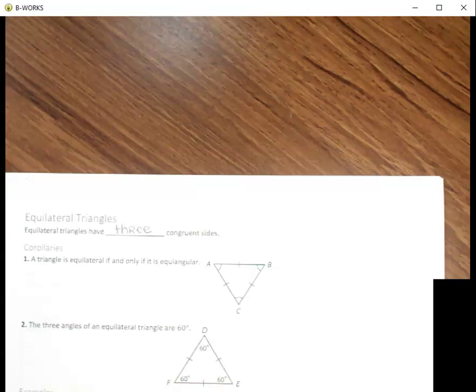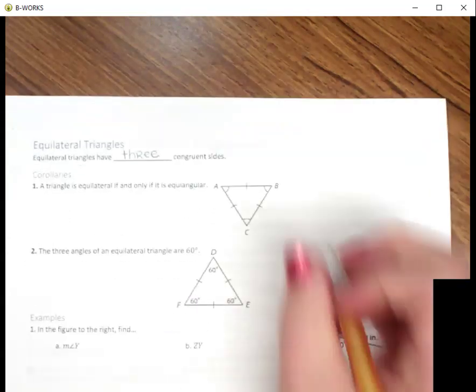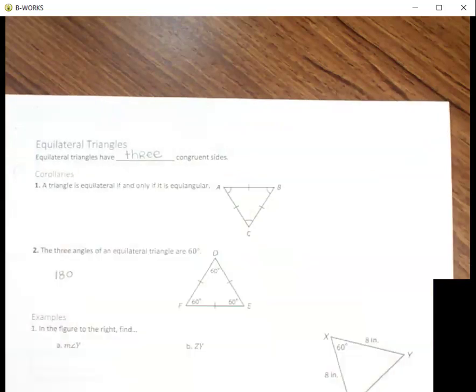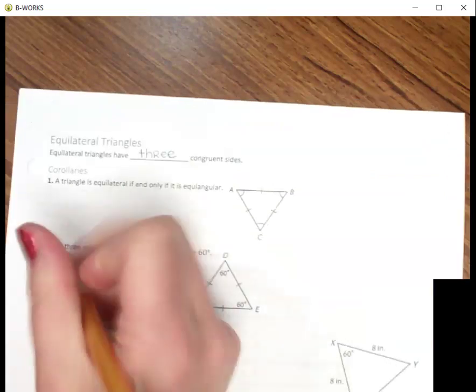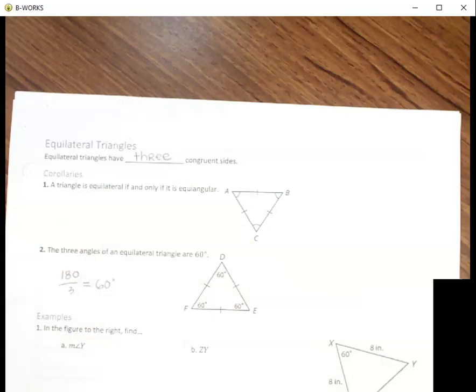If you know a triangle is equiangular, you know it's equilateral. And since the sum of all angles of a triangle is 180 degrees, an equilateral triangle is also equiangular. If we divide that by 3, we get that each angle of an equilateral triangle is 60 degrees.